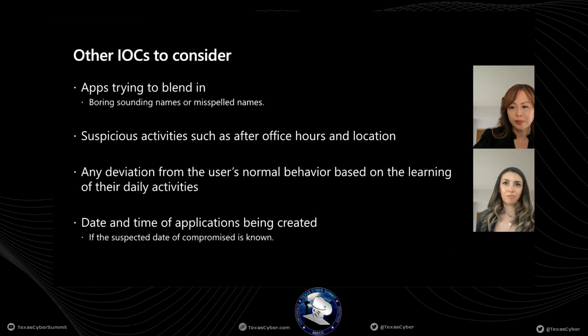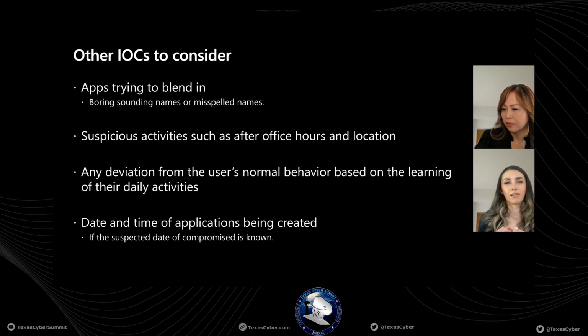So in terms of other things to look at when analyzing that export and when investigating consent grants in your environment. So apart from the misspelled names that we saw, or bland names, you can also look at application activity and user activity. So maybe you know that this application can only be accessed from this type of device at this time of the day, and you have policies for that.